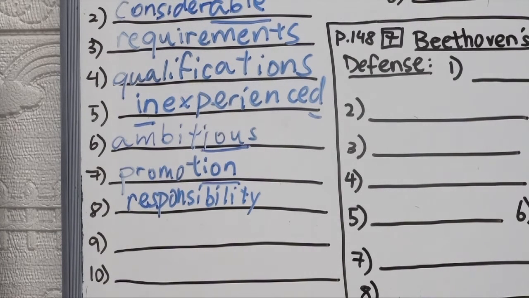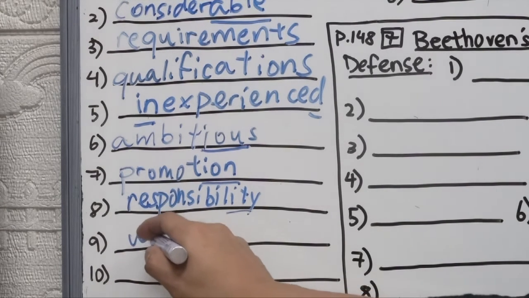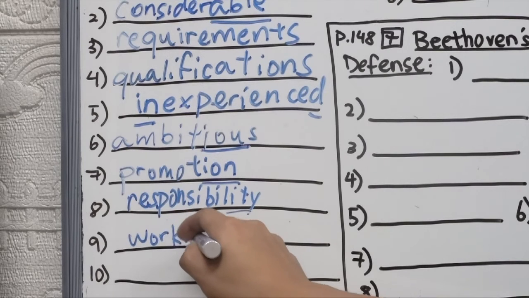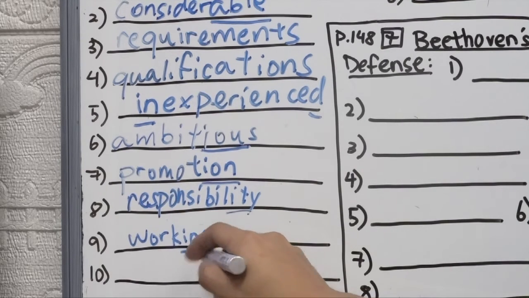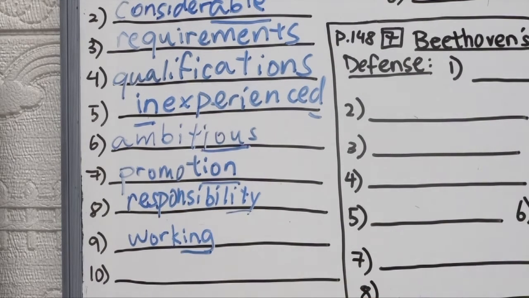Responsible, responsibility, I-T-Y. What about the word work? Looking for a job with less responsibility and shorter work hours. Work hours will become working hours. Now I will explain this later. Working hours.